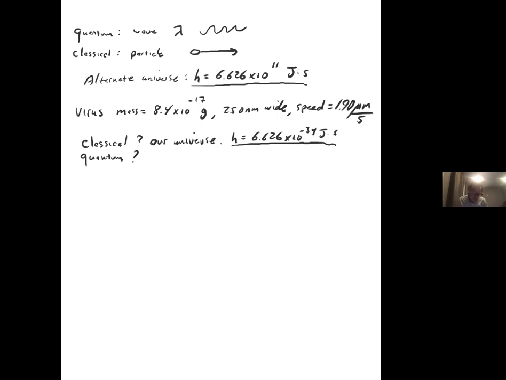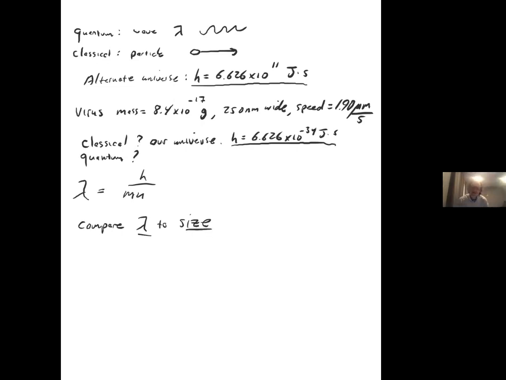So really what you want to do is use this equation, h over mu. And then you want to compare the wavelength to the size. That's the main thing. You compare wavelength to size.